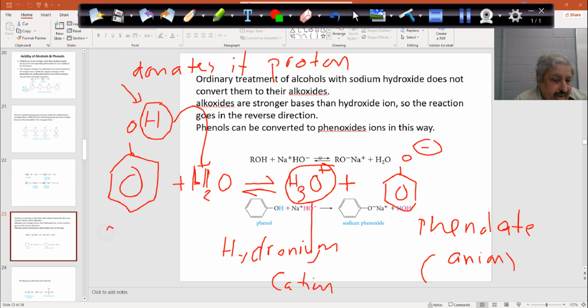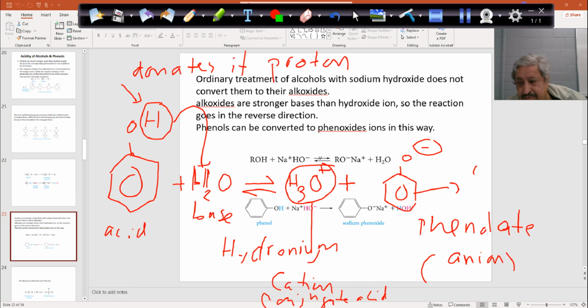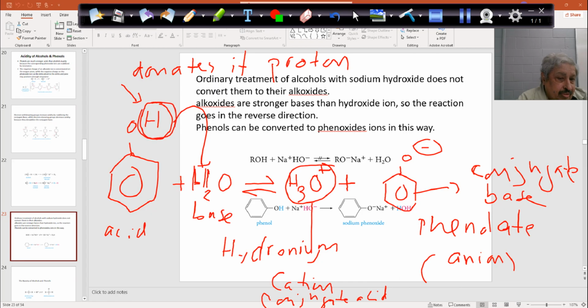So this is the acid, this is the base, this is now a conjugate acid, and this is a conjugate base, if you can recall from 1151. So that's an acid because it donates its proton, and then the phenolate, just without the proton, negative, is called the phenolate anion, and the cation is hydronium ion.